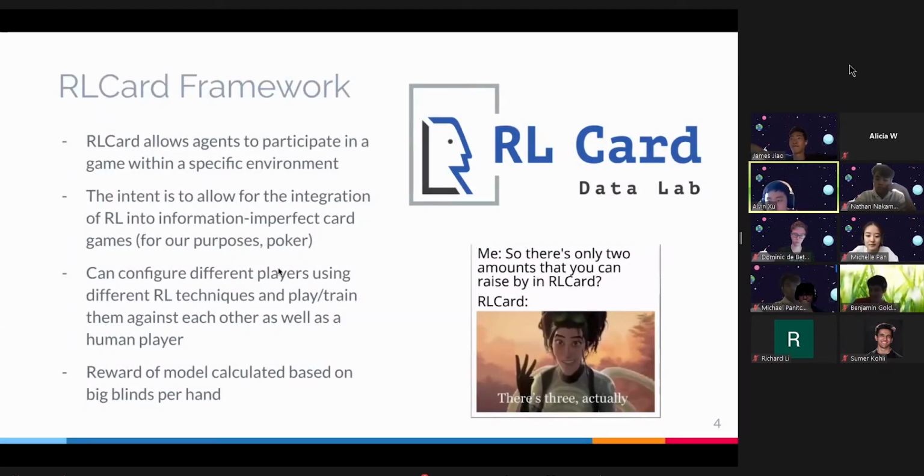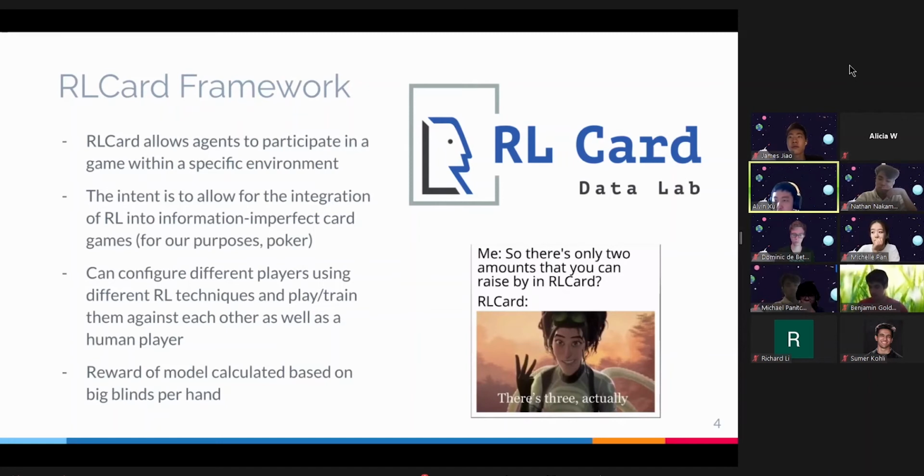Yep, so the primary framework that we used for all of this is RL Card. Essentially, it's a Python framework that allows us to put agents into card games and these imperfect-information games like poker in our case. It allows us to create all these different players using different RL techniques that we'll talk about in a little bit.